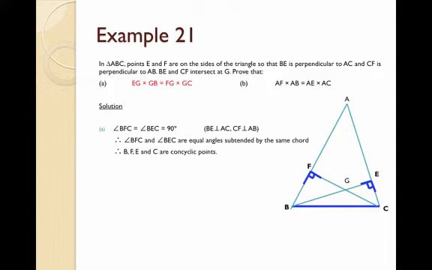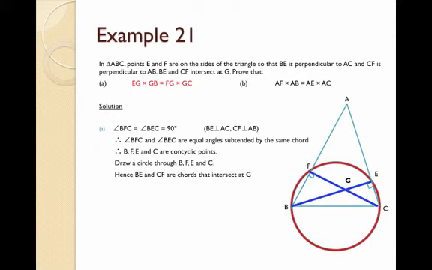This means that B, F, E, and C are concyclic points, so we can draw a circle through them. This also means that BE and CF are chords in a circle that intersect at G. And from the theorem that we learnt last time, EG times GB is going to equal FG times GC because they are the product of the intercepts of intersecting chords.